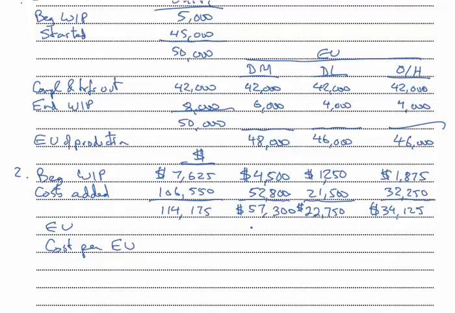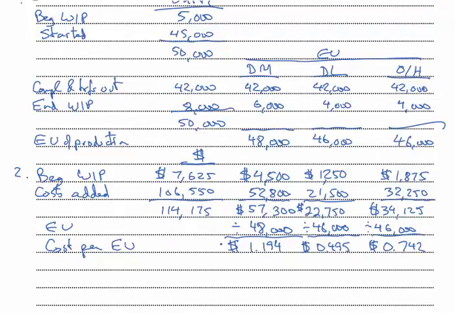So 48,000, 46,000, and 46,000. So 1.194, 0.495, 0.742.